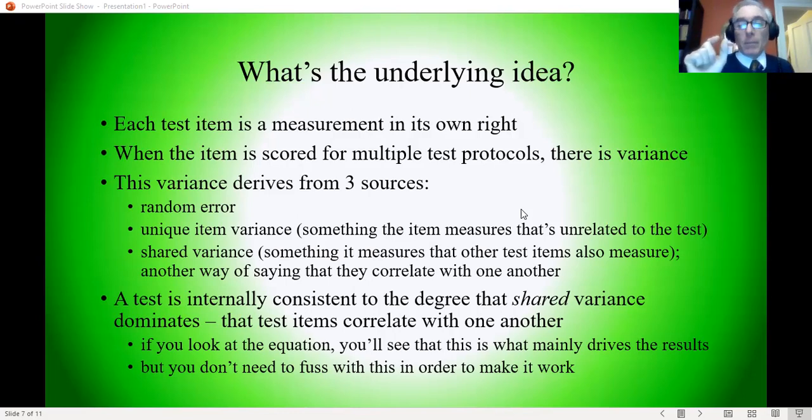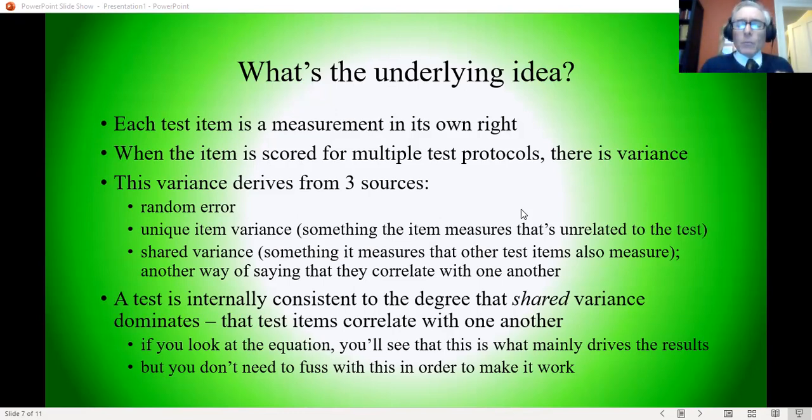What's that measuring? Part of it is, of course, random error, noise. That's always there. Part of it is something that is unique to just that item. It's something that item is tapping into all by itself, that it doesn't share with any other item on the test. That's also not what we're really interested in.